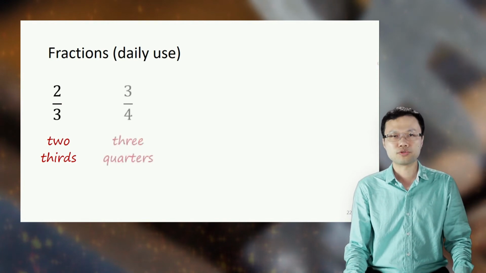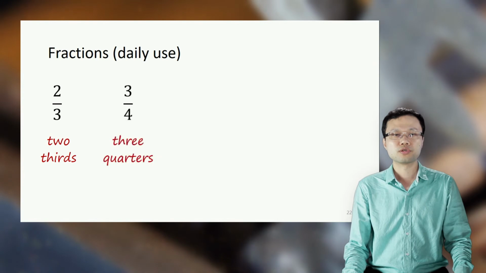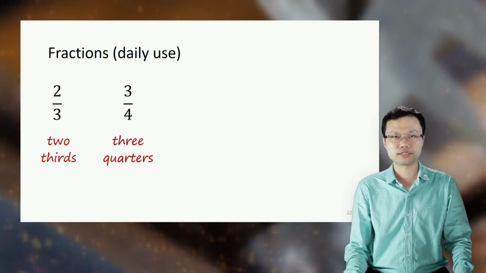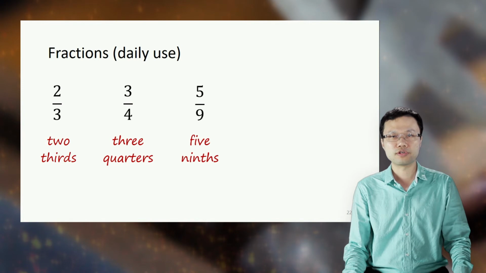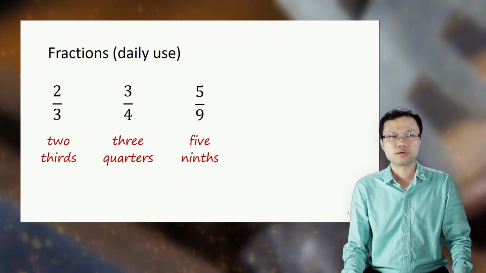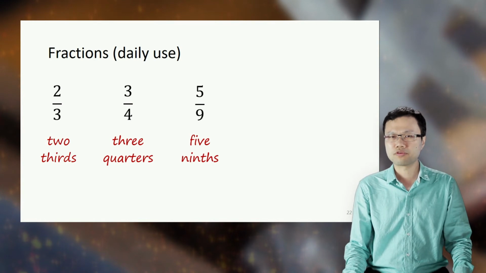For 3/4, we call it three quarters. Again, notice the s after the quarter. Similarly, we call 5/9 five ninths. So, why is 5/9 called five ninths?